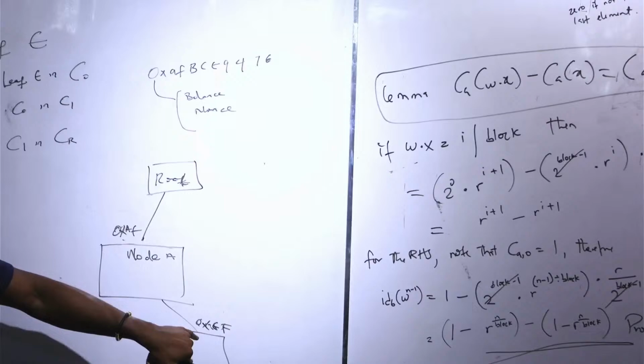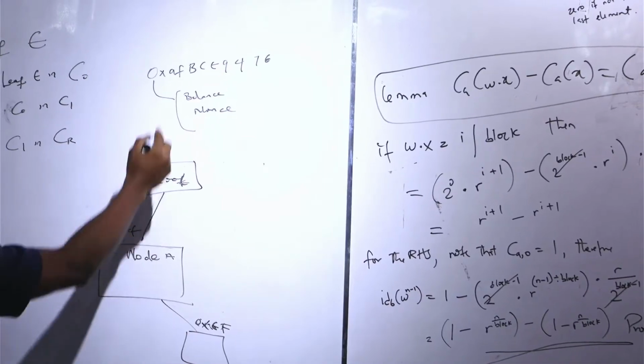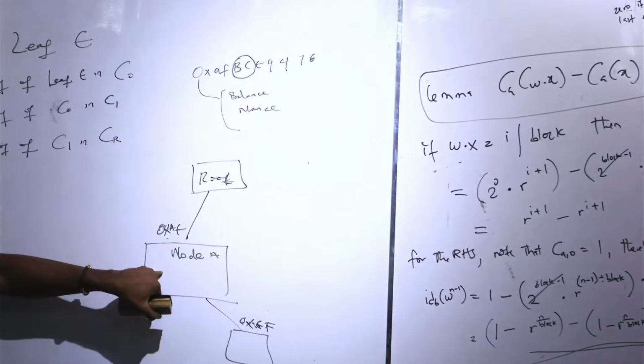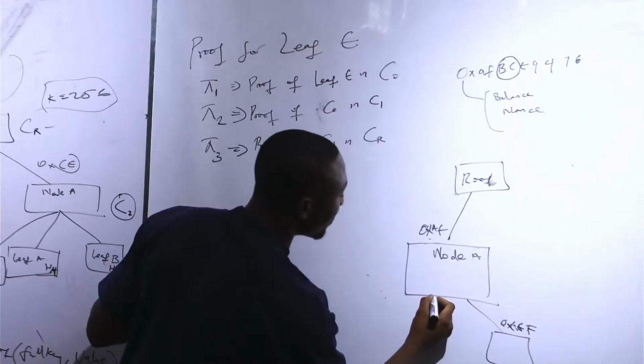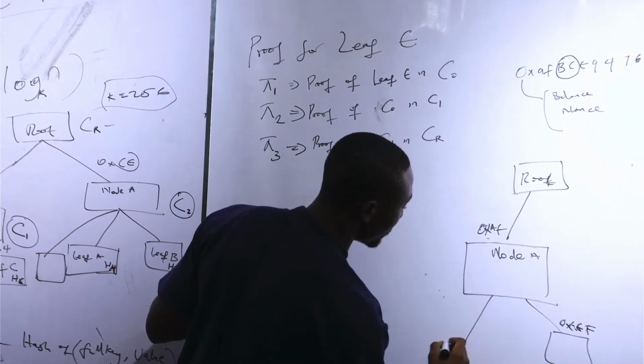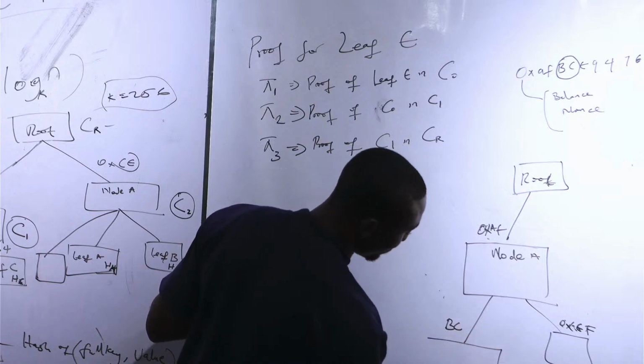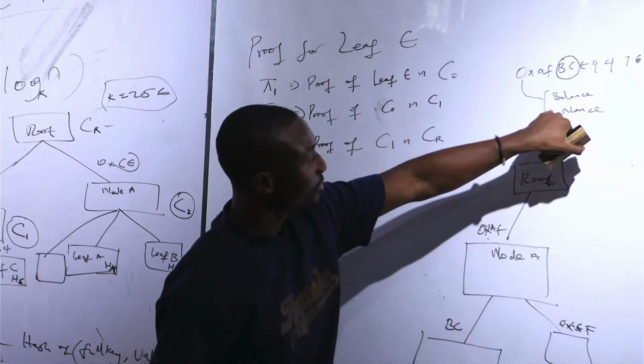That node already has a leaf here. So now we'll pick this BC index of this node. So we now have another path here. Then we can insert the leaf, which will be the account balance of this user.